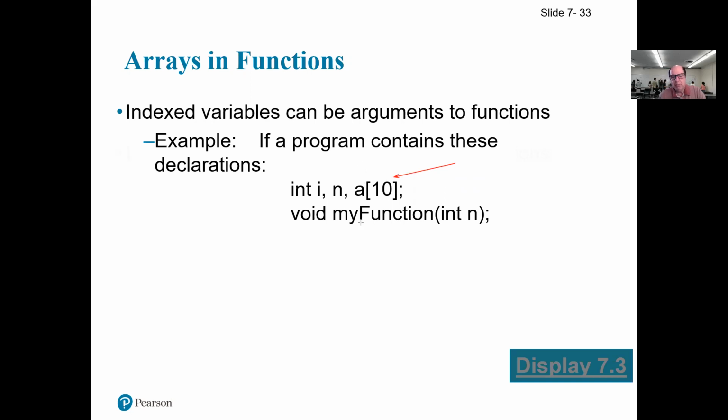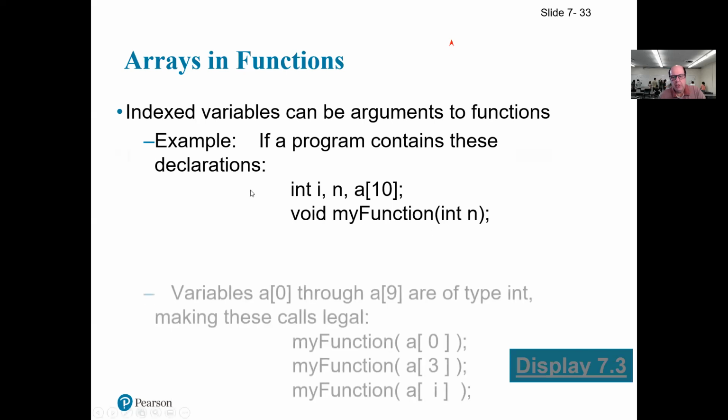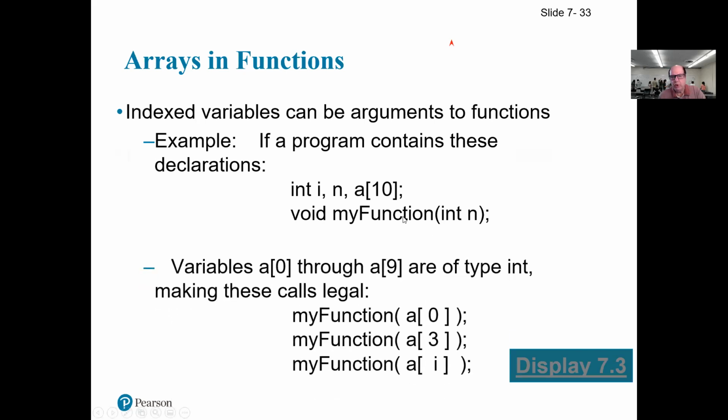But what we're talking about here is, in this case, I have a function that's going to be receiving one number, one integer. So if that's the case, I can just pass one of my elements in my array.